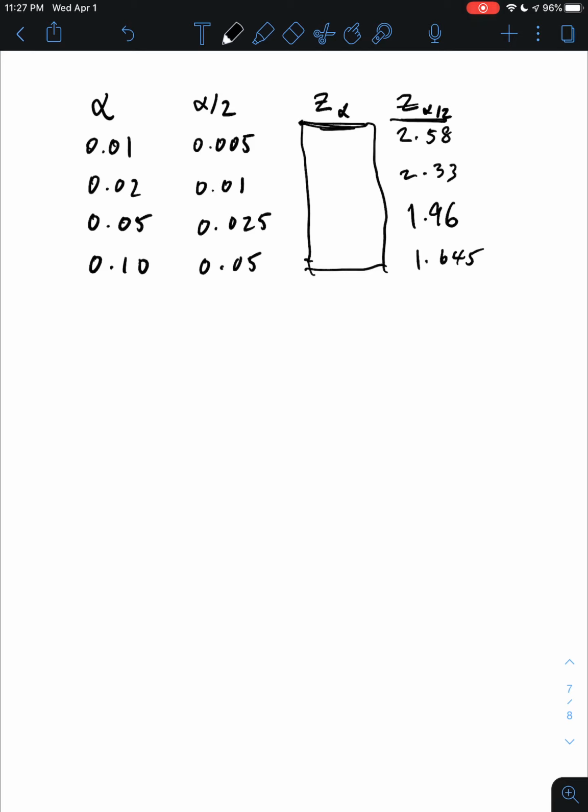All right, so this table is to spare you from having to do a lookup in the standard normal table over and over and over again. These commonly used values for alpha turn into commonly used values for the critical value Z sub alpha over 2. So I'll leave you the task of completing that table for Z sub alpha.